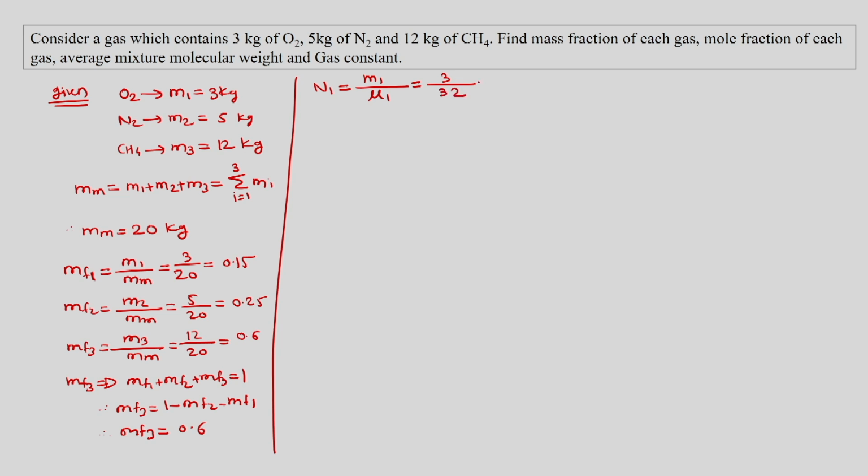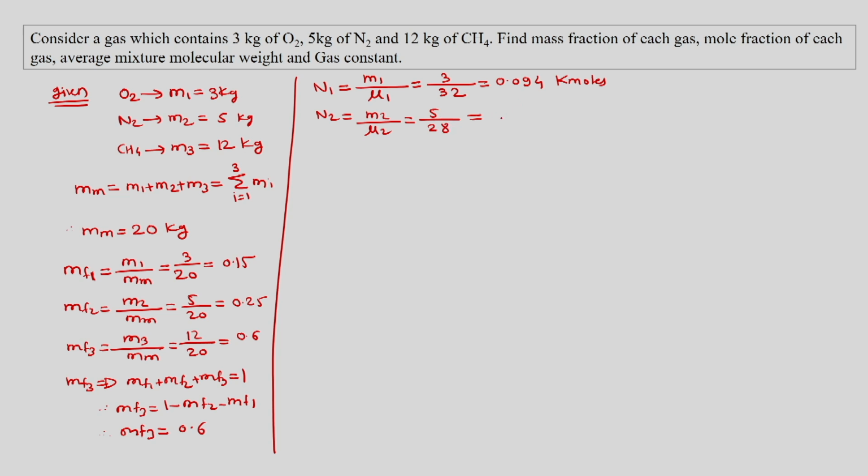So we have 3 divided by 32, which is 0.094 kilomoles, since the mass is in kg. Then N2 is M2 divided by molecular weight of 2, which is 5 divided by 28, the molecular weight of nitrogen.